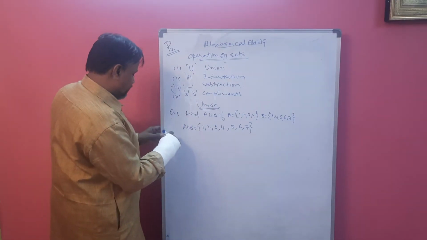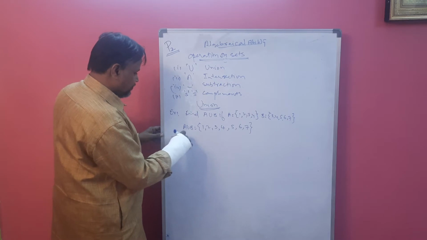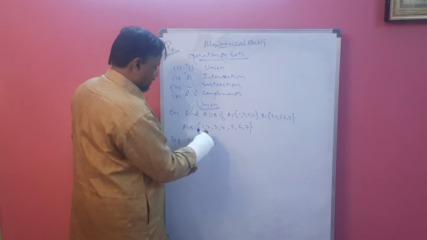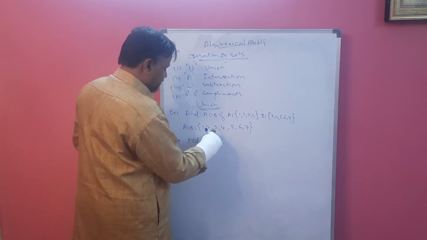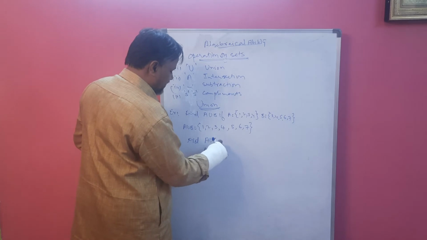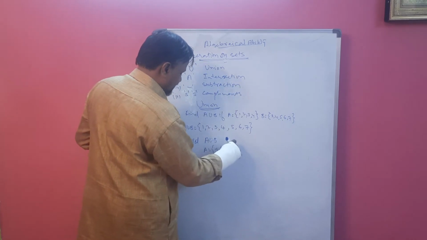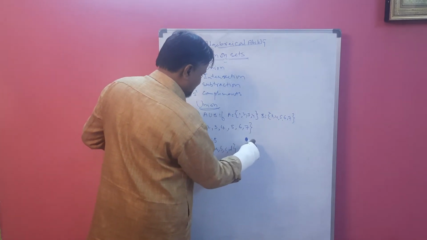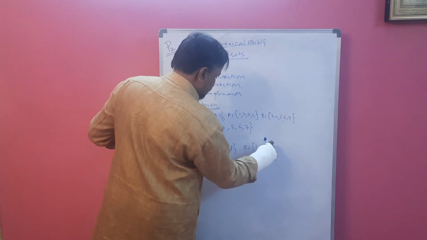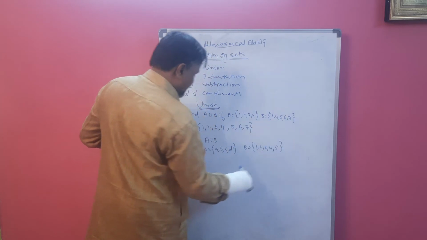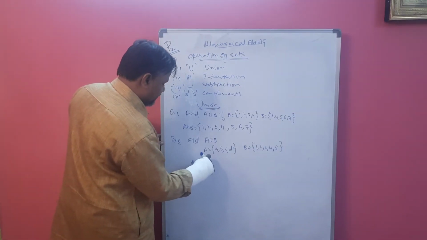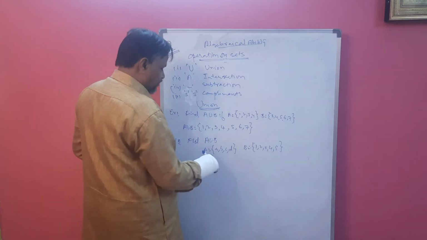And take example 2. Find A union B. Suppose A is a, b, c, d and B is the numbers 1, 2, 3, 4, 5. Now what will we get? A union B equals all the elements.